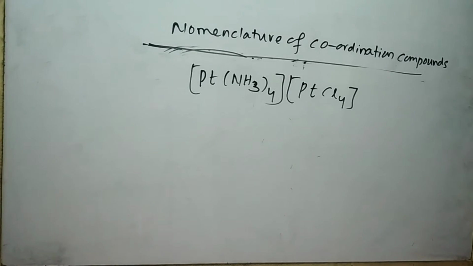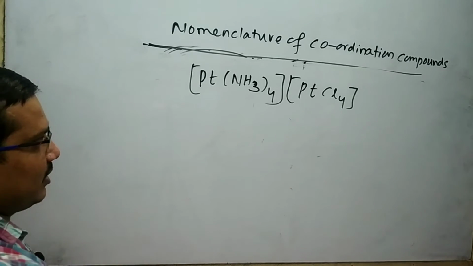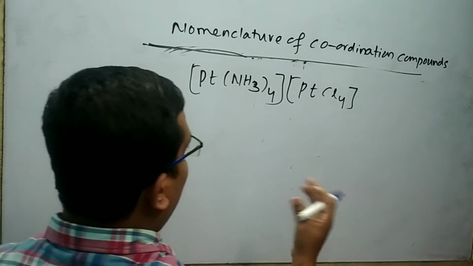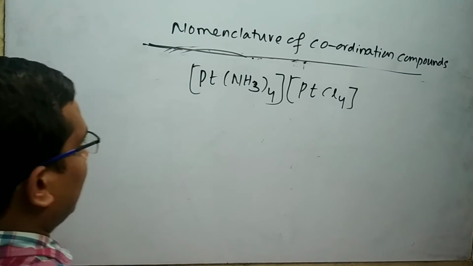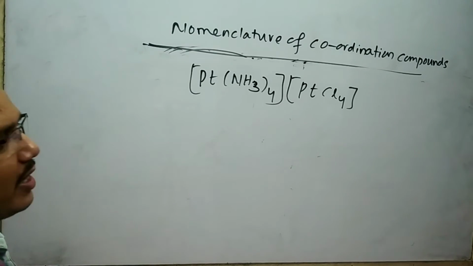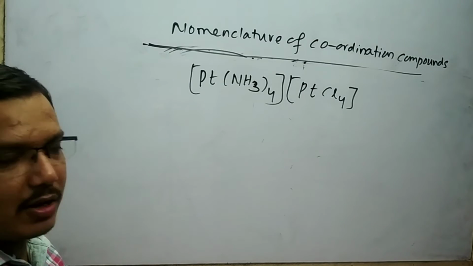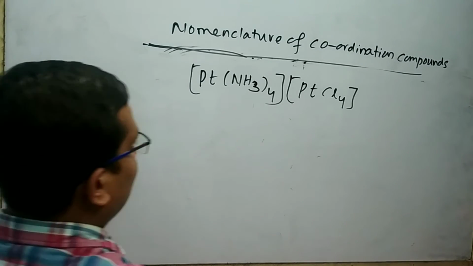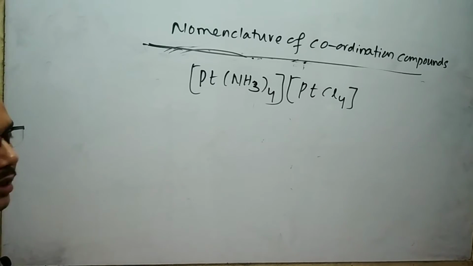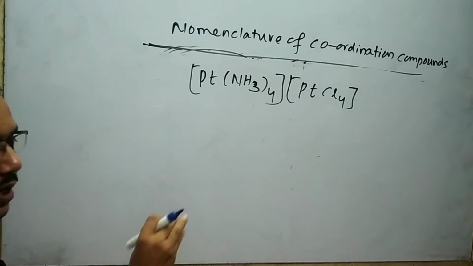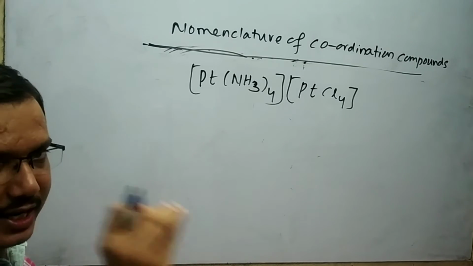This is one type of coordination compound in which both the cation and anionic part are complex. That means the cation is a complex ion. On the other hand, the anion is also a complex ion. For naming such a coordination compound, generally the complex cation is written first without any characteristic ending.